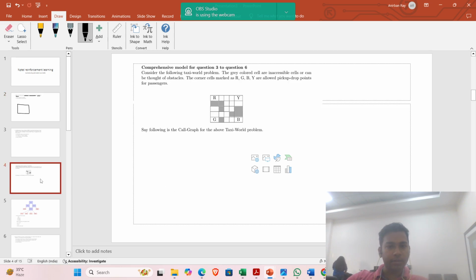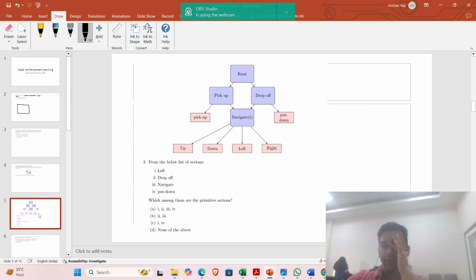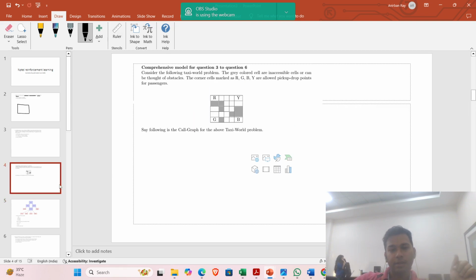So this is the diagram we have, and this is our root task. The problem statement is that you have a taxi and the passengers are at the locations R, Y, G, P. The taxi runs and picks up the passenger in only one of these four locations.